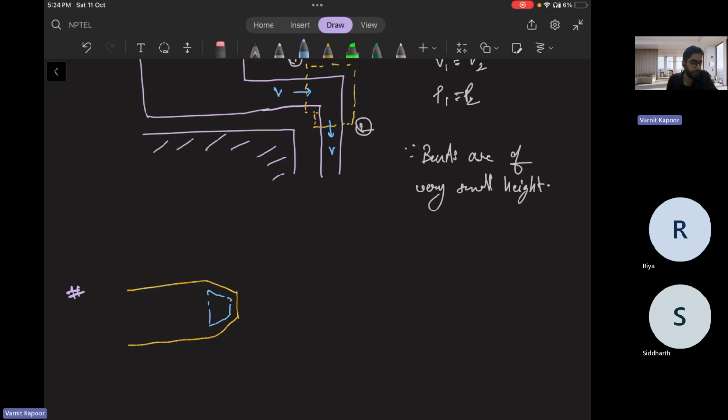This is your fluid element. So what are the forces which will act? One is because of the fluid behind, there will be P1A1 acting on this fluid element, and there will be a pressure force here also, P2A2, because of the presence of the ambient particles. Velocity will be V1 in this direction, and after getting out of it, V2, because the cross-sectional area is changing.